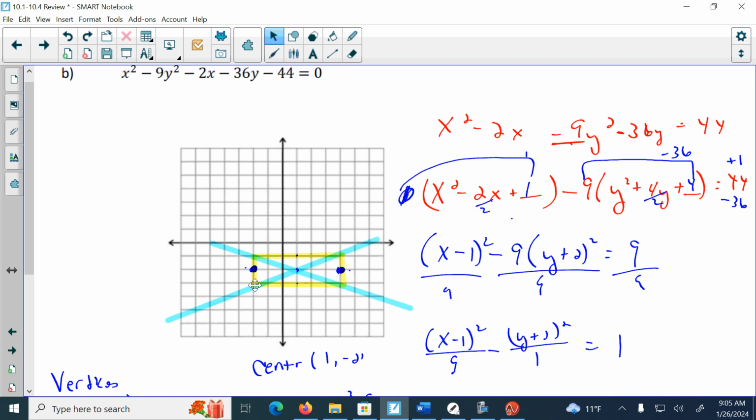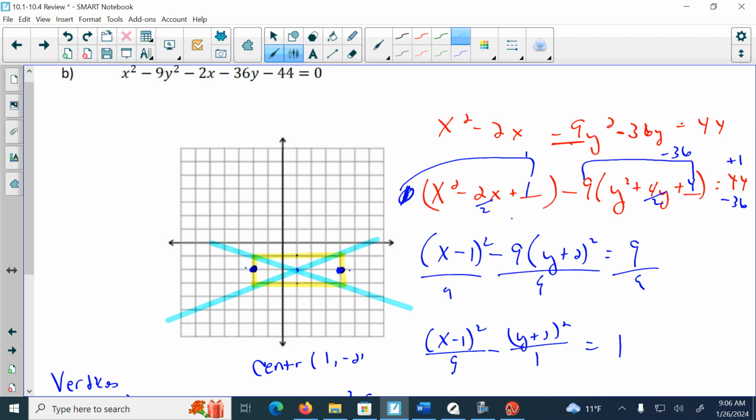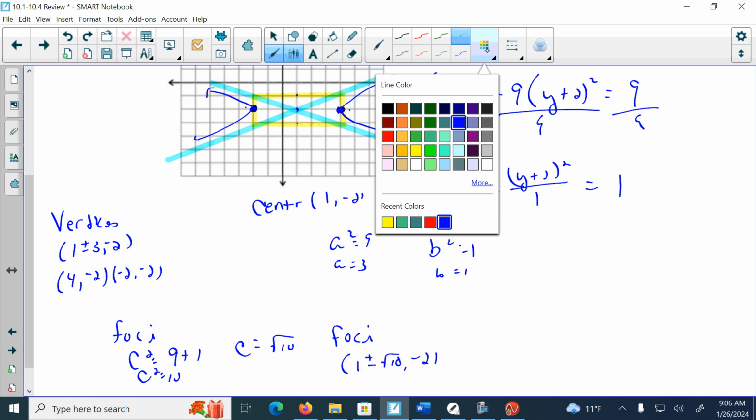And then when I go to draw my branches, I do it based on my vertices and I approach those asymptotes. To write the equation, I'm still going to start the same way. I'm going to do y is equal to my k, while my k is the -2, and plus or minus my slope.